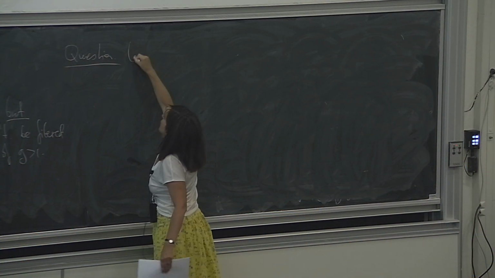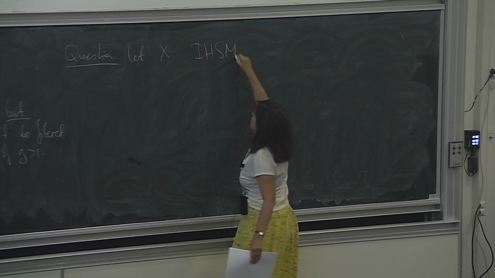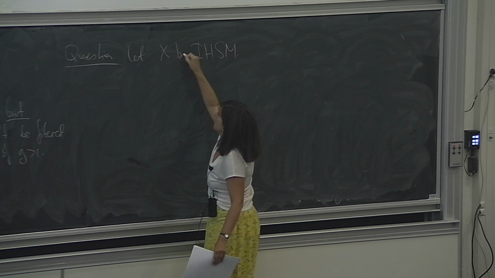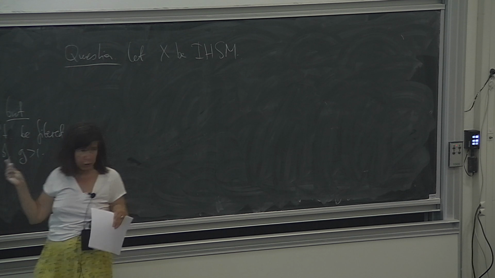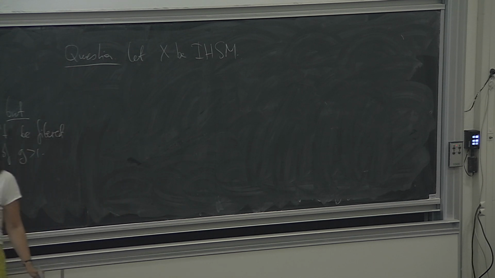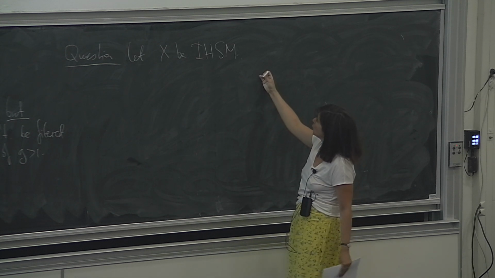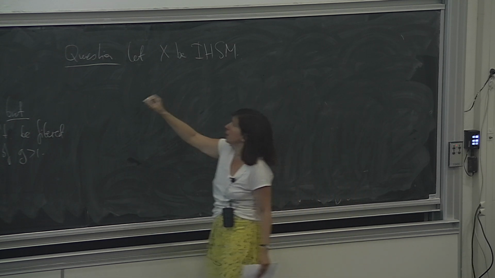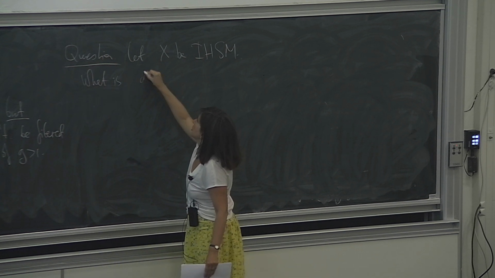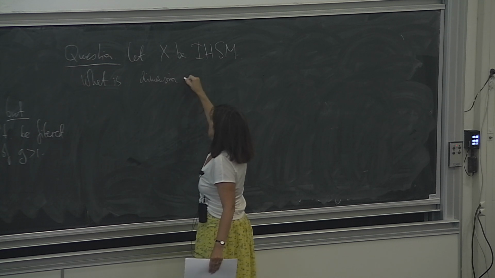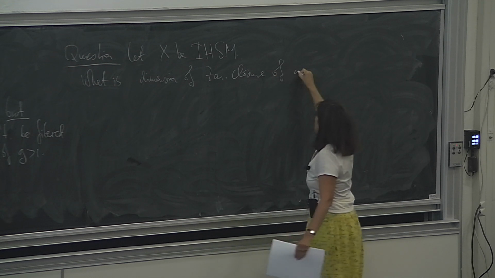Let X be an IHSM, okay, irreducible holomorphic symplectic manifold. So the symplectic form is essentially unique, and you have this wonderful Bogomolov form, which is really very useful. What is the dimension of the Zariski closure of a general leaf?